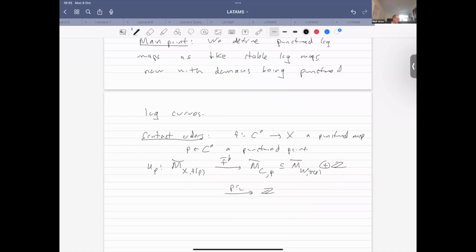So enlarging the log structure a little bit suddenly gives us the freedom to impose negative contact orders.